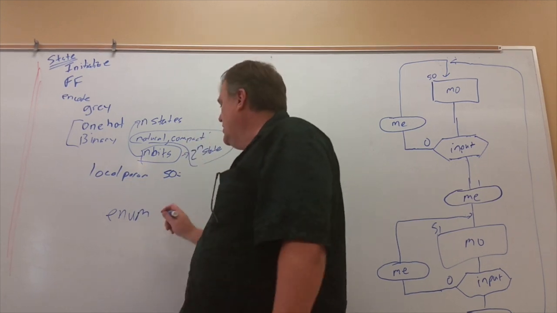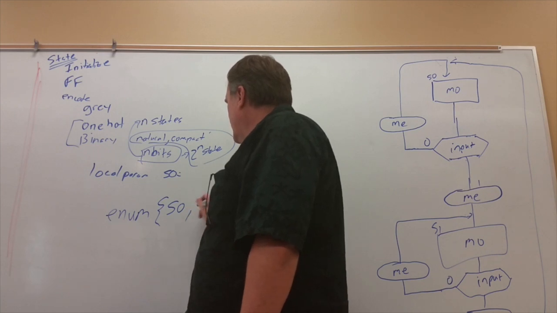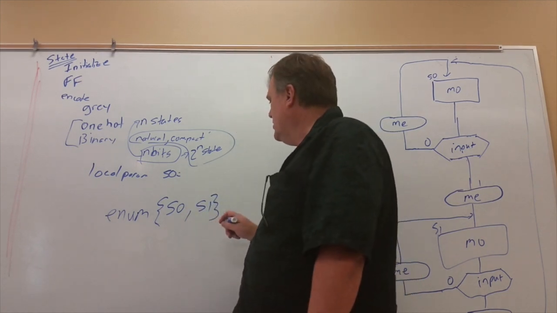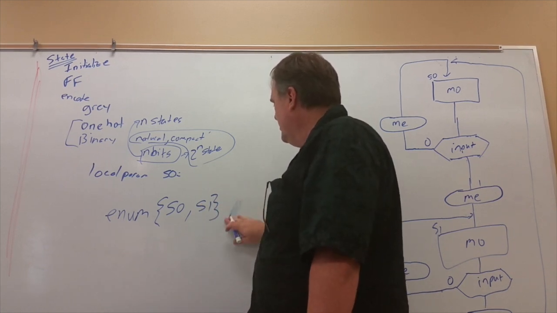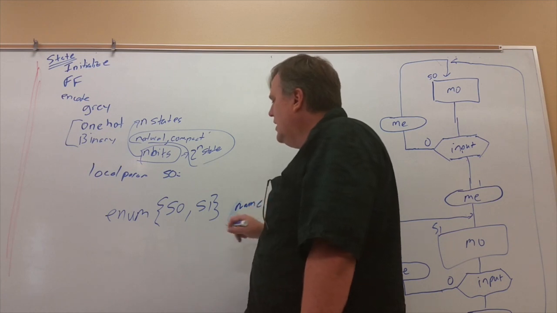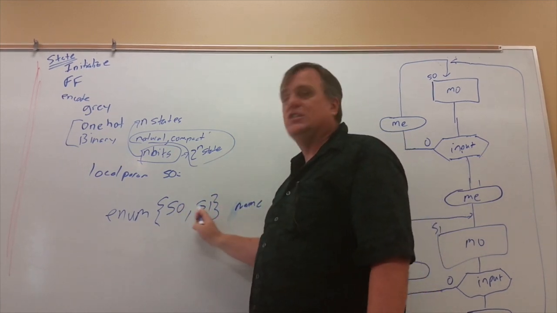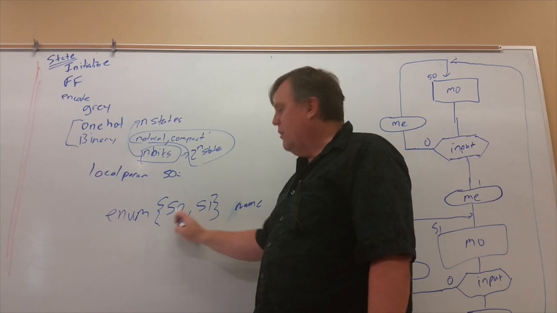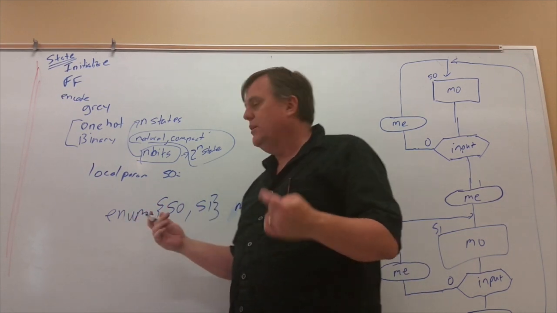And that enumerated type, you can specify, for instance, S0, S1 as my enumerated type, and whatever I want to call it, the name of this. The key thing with this one is it's still not specified what the encoding bits are. So it'll allow them to be picked. But it does set them as its own type.